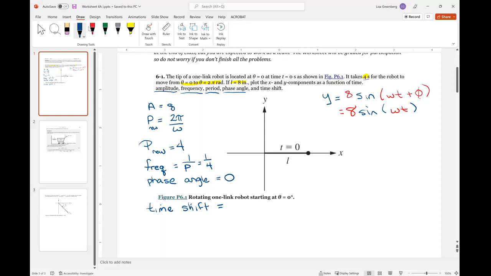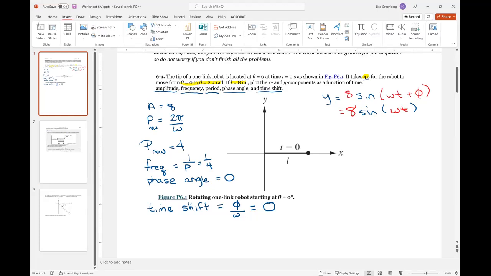So our time shift is always, and I want to show you a different way to do it, but for right now, we'll just call it our theta over omega, okay? And since theta is 0, our time shift is 0, okay? So we found all of these things. Now, basically, the last thing we want to do is graph it.